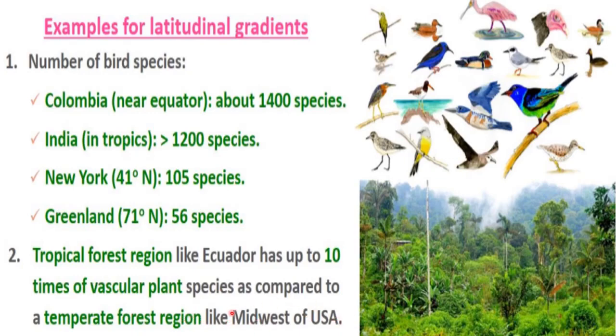The Midwest of USA is a temperate region, and a forest there has fewer vascular plant species, while the tropical forest found near the equator, like Ecuador, has 10 times more vascular plant species than those present in the Midwest of USA.